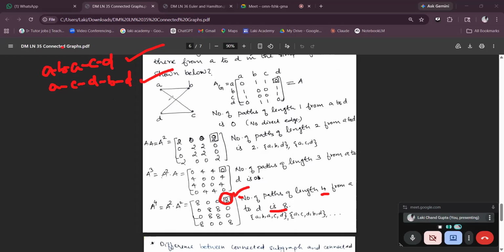It is very hard to find all the paths, but you can tell there are 8 possible paths. You can think and find more. How? A, C, A, and this is one more possibility. A, C, A, C, A, B, D. So there are different combinations, but the maximum number of paths whose length is 4 will be 8.